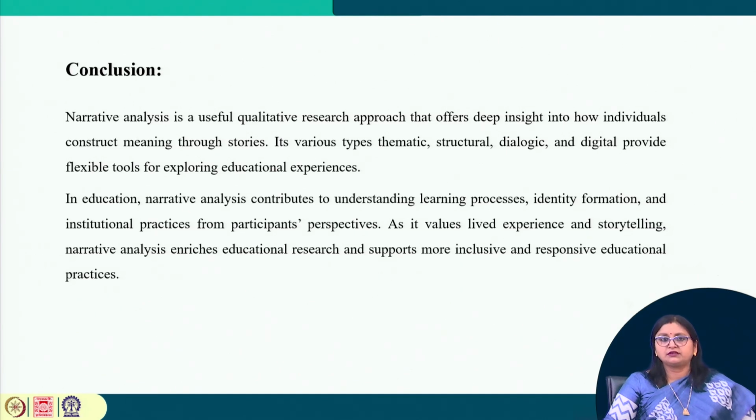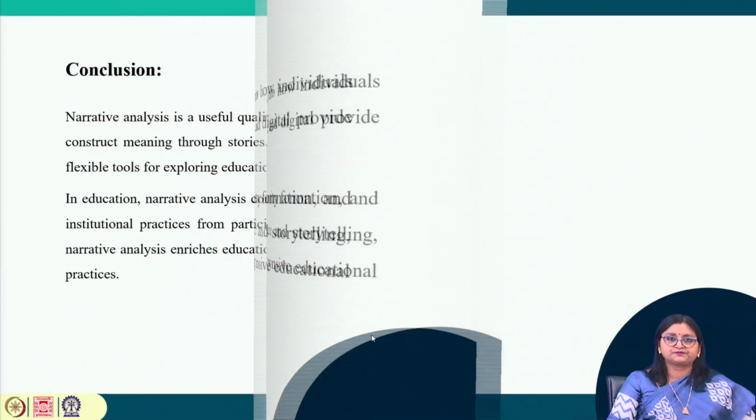In education, narrative analysis contributes to understanding learning processes, identity formation and institutional practices from participants' perspectives. As it values lived experiences and storytelling, narrative analysis enriches educational research and supports more inclusive and responsive educational practices.